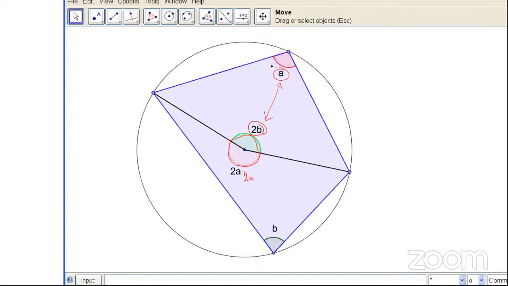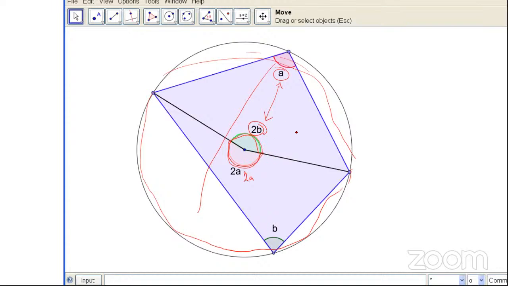This particular angle is facing this arc here, so the angle at the center must also be facing the same arc. This angle at the center here is facing this side, and its own angle at the circumference will also be facing that. That's B.